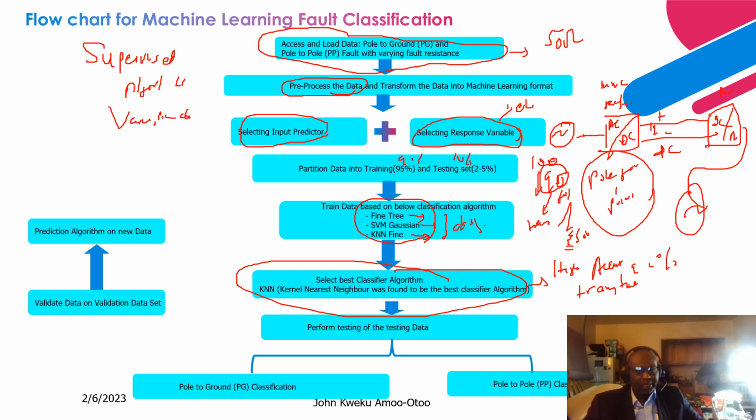If you scale back the computational burden, you reduce cost and performance is improved. Also very important is your prediction speed, how fast you can predict. These are the three criteria you use to select the best classifier algorithm.